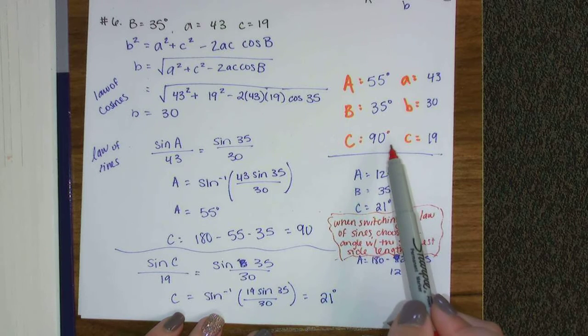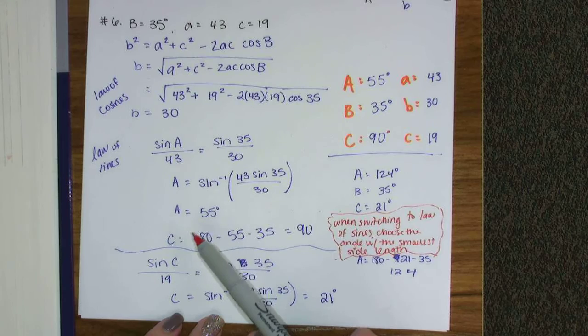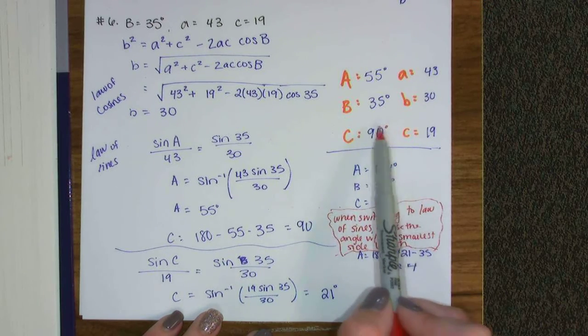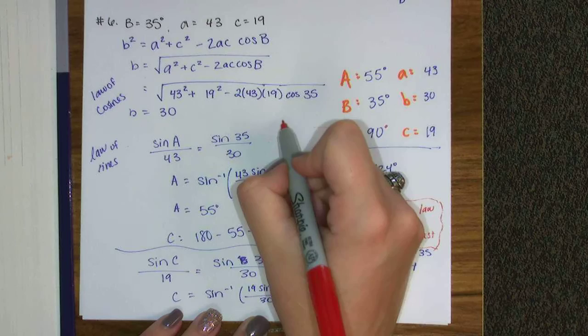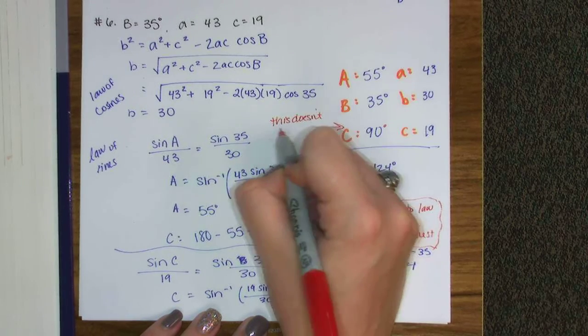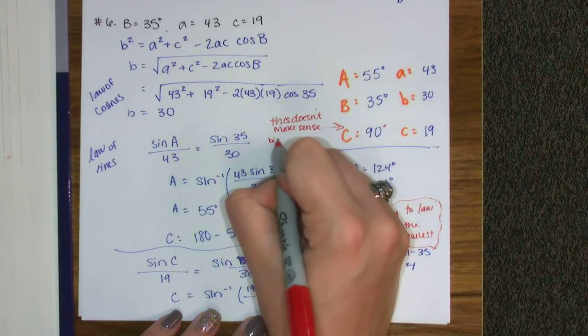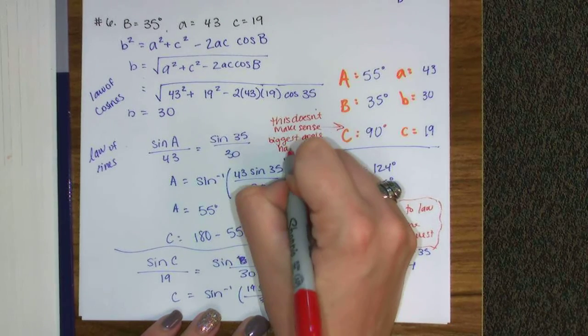Now, like I said, if you did it the way that I did it here, because you don't think about it, I will accept this answer. But a comment you should make here is that something about this doesn't make sense. Biggest angle has smallest side.